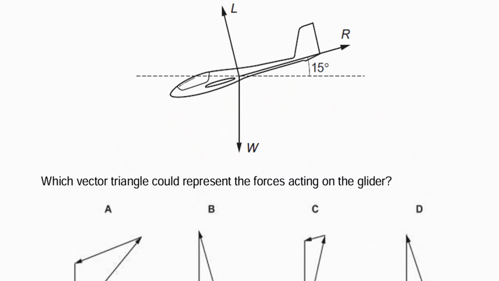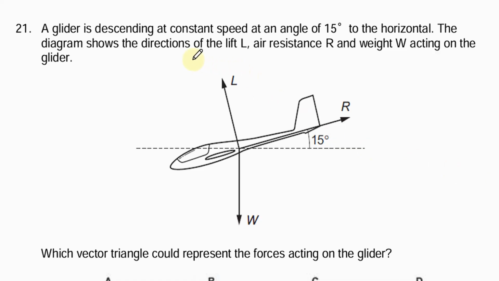The important thing here is that the glider is descending at constant speed, and that tells us that the system is in equilibrium. So we have to draw these vectors head to tail in a closed vector diagram.